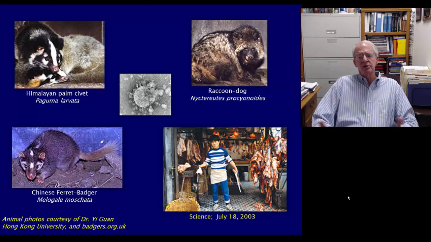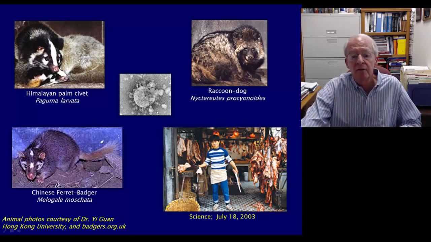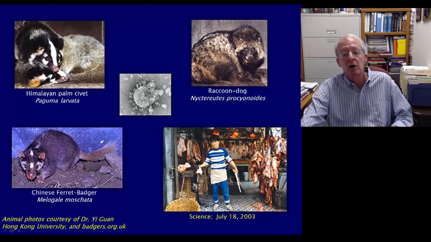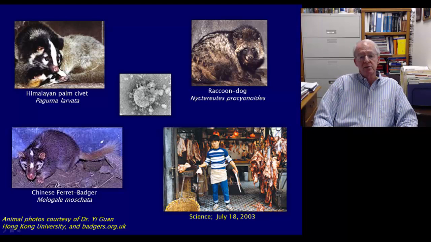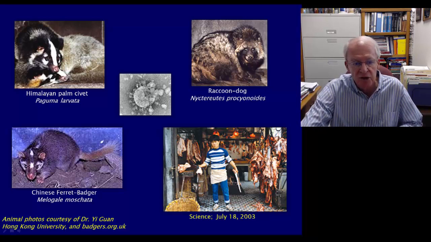Further investigations revealed that SARS was an example of an event involving cross-species transmission. The electron micrograph in the middle is a depiction of SARS coronavirus. You can see the crown-like effect around the periphery of the viral particle, which gives rise to the coronavirus name. The source for the patients of their infection was exposure to infected animals in live animal or wet markets, an example of which is shown here.